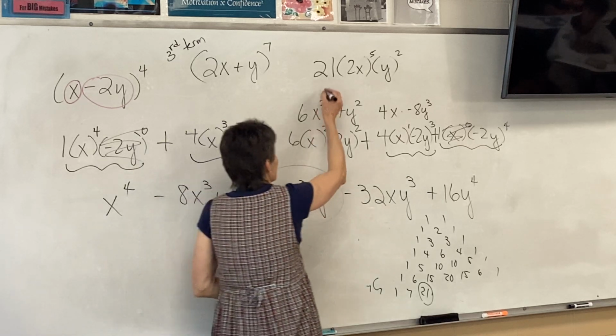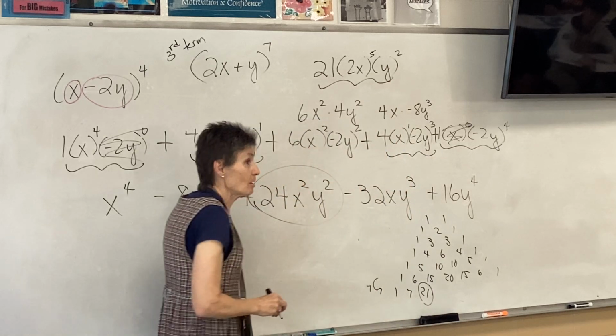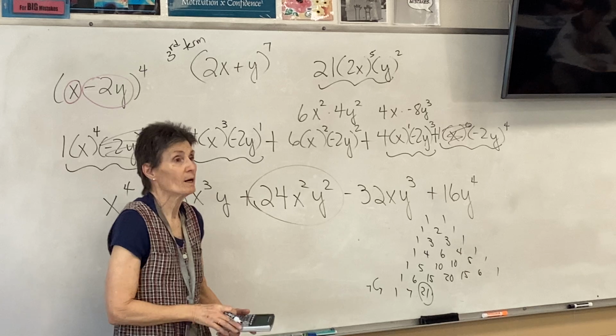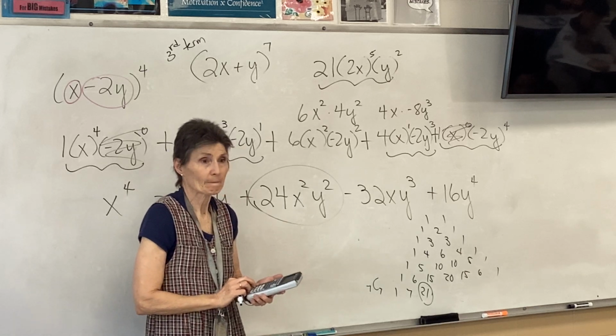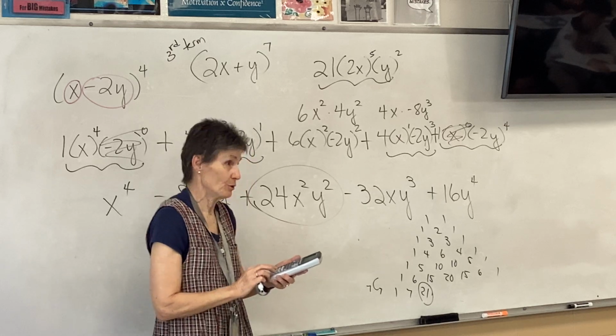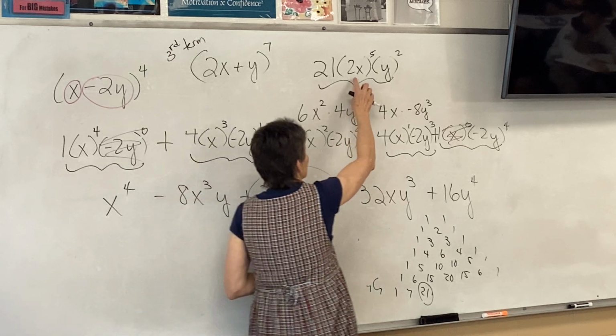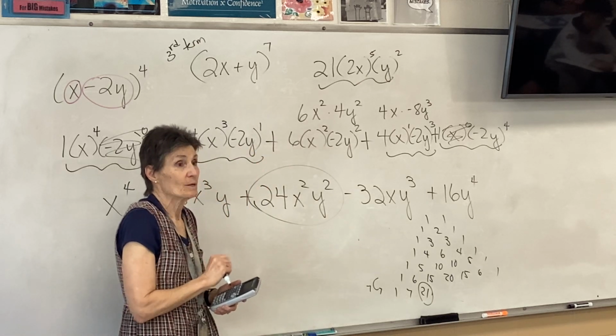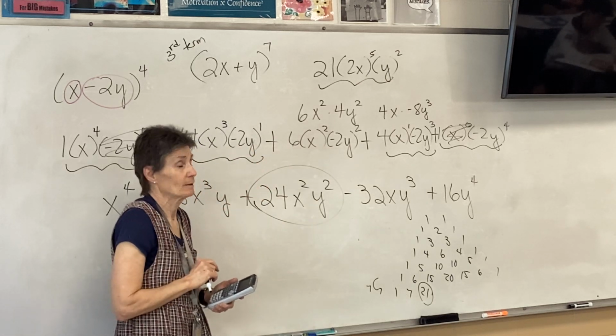And now I'm going to simplify. Be careful, when you simplify, it isn't 21 times 2. It's 21 times 32, because that is 2 to the 5th, which is 2, 2, 2, 2, 2, 32.